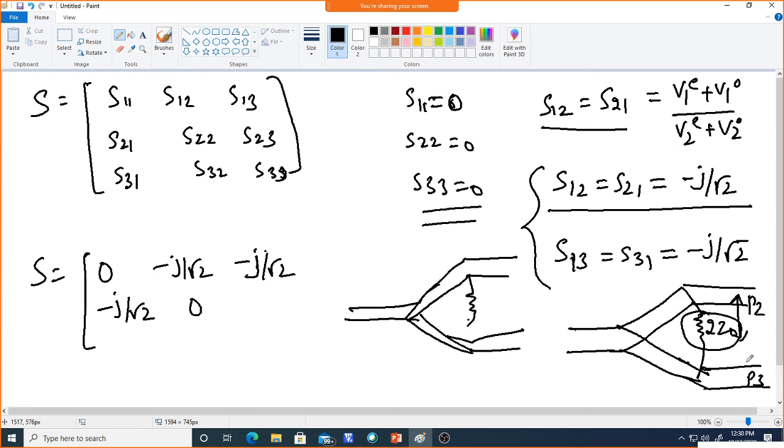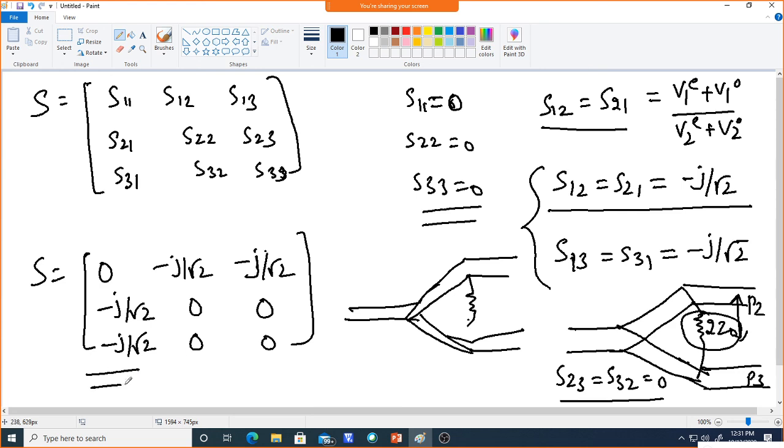That's why port 2 and port 3 will be isolated. So S23 will be equal to S32 and it will become equal to 0. And S31 again is minus J by root 2, and this S32, since it is isolated, will be 0. So this is the S matrix for your Wilkinson power divider.